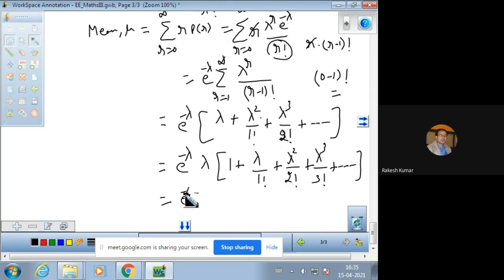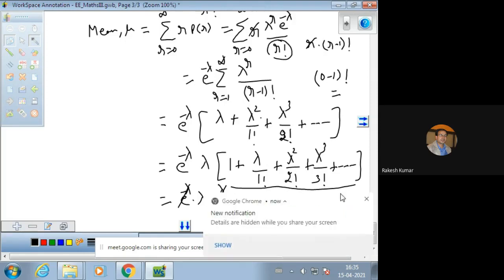So e raised to power minus lambda into lambda, and if you remember, this is the formula for the exponential. This is the expansion of e raised to power lambda. So e raised to power lambda is cancelled with e raised to power minus lambda, and ultimately lambda is left with us.